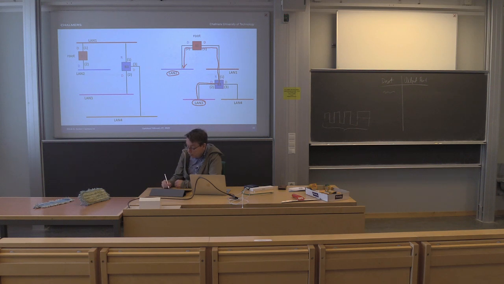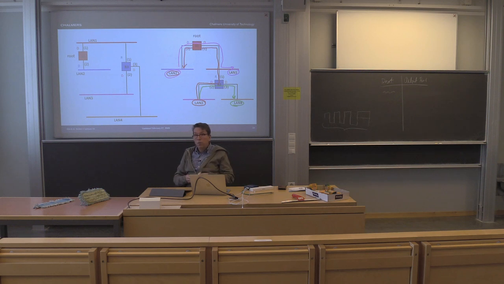Something that goes from LAN 3 to LAN 4 would go this way. Something that goes from, say, LAN 2 to LAN 1 would go this way. And so forth, right?